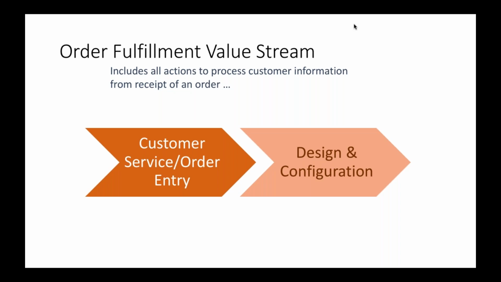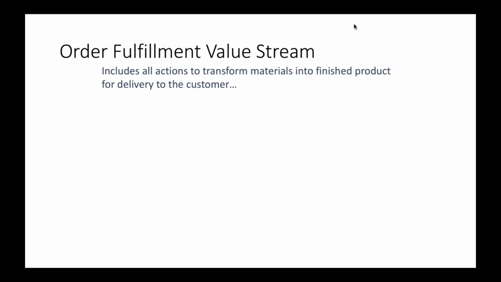So once you receive the order and once maybe you design and configure, you now really go into what we would call normally the production process. And this includes all of the actions to transform the materials into the finished product so that this finished product can be delivered to the customer.